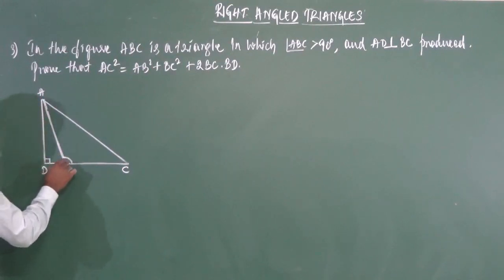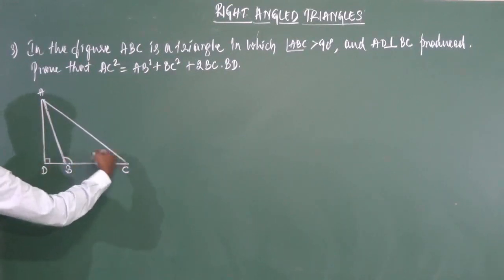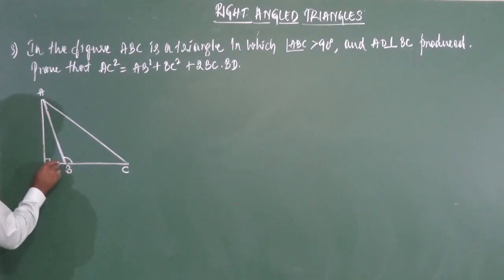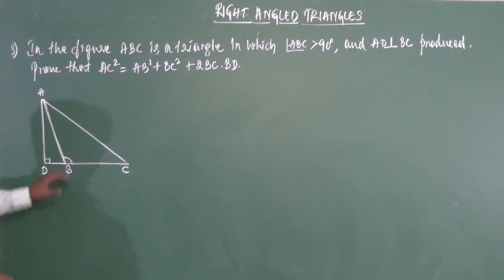AD is perpendicular to BC, which is produced. So from towards B it is produced and this height is taken. For an obtuse angle triangle, the height always remains outside the triangle, so in that manner they have taken that. AD perpendicular to BC produced.